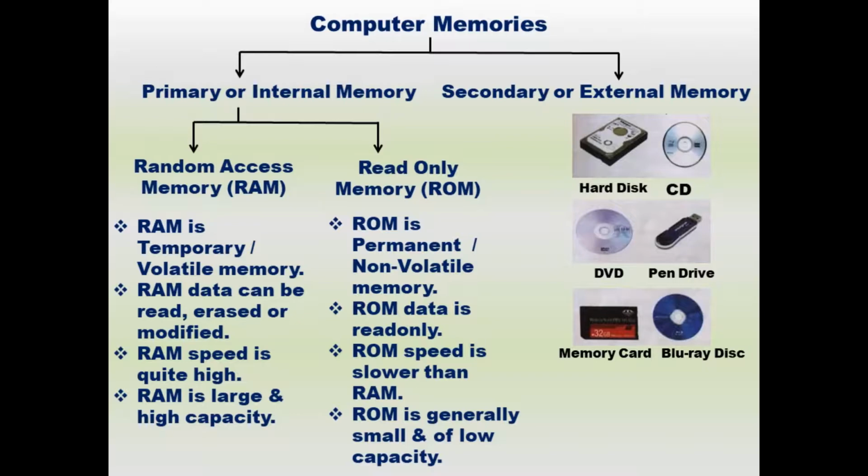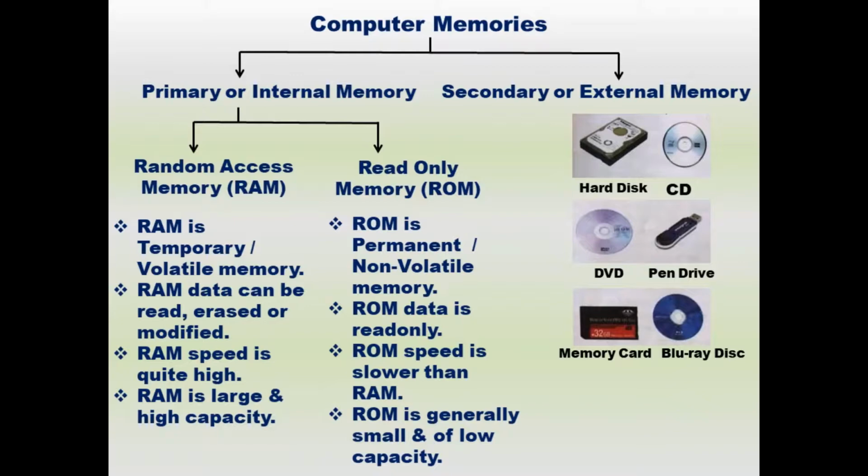The data stored in the random access memory can be read, erased, or modified. But the data stored in the read-only memory, we can only read, but we cannot write our data into read-only memory. So what type of data does read-only memory already have? The bootstrap program, which is essential to boot or start our computer, and BIOS settings.